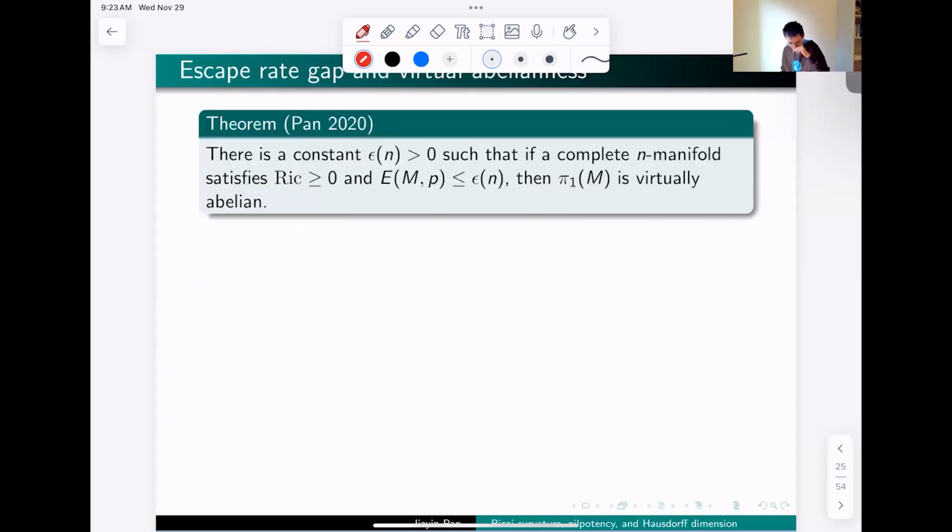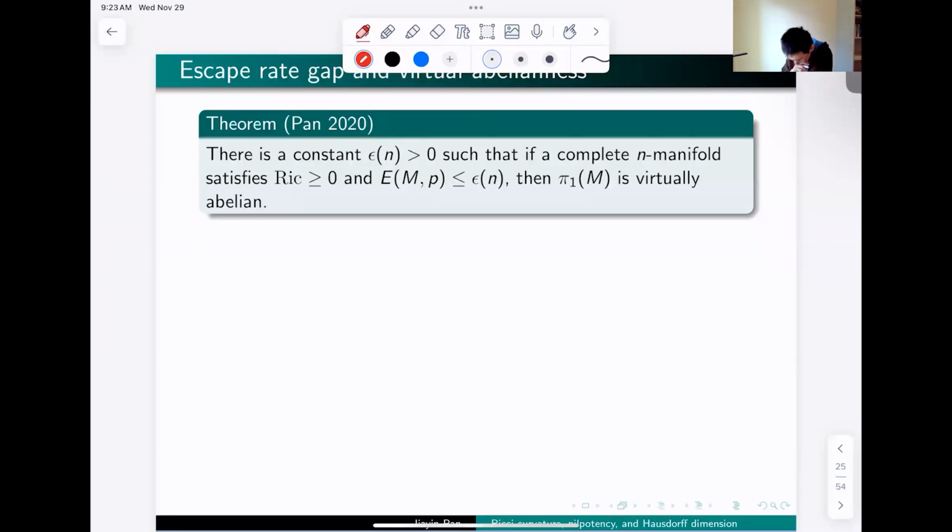Okay. So this is a result that I got during my postdoc time at Santa Barbara. If you have a complete manifold with non-negative Ricci curvature, and if we assume the escape rate is very small, then the fundamental group must be virtually abelian.